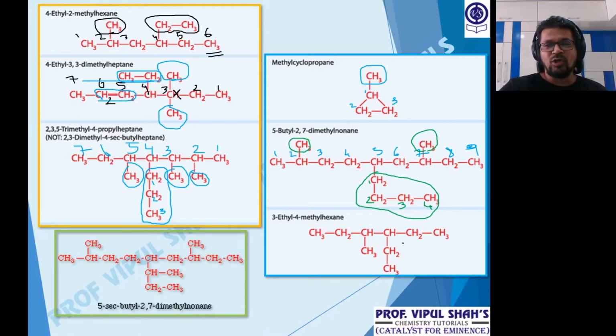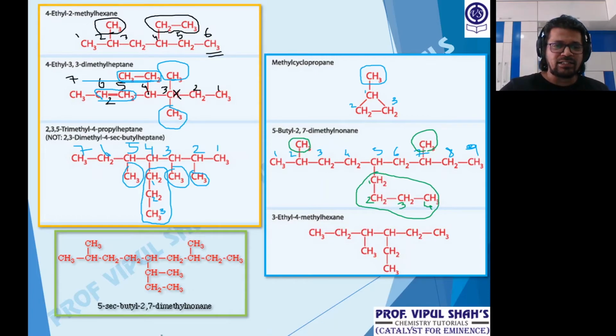Observe now. How do we name this part? Here, if you see the continuous chain, if I go from left, methyl comes at 3. If I go from right, ethyl comes at 3. So from both sides, if I have equal numbering of the chain, what was the rule? You number the chain from the side that comes alphabetically first. Left to right, methyl is first; right to left, ethyl is first. So priority will be for ethyl.